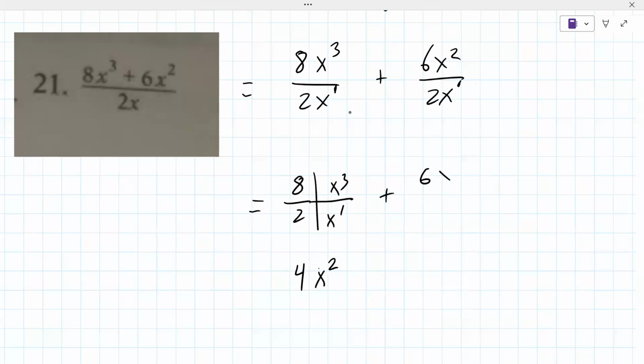So do the same thing for this one. 3x. Okay. All right, good. We're gonna move on to 22.